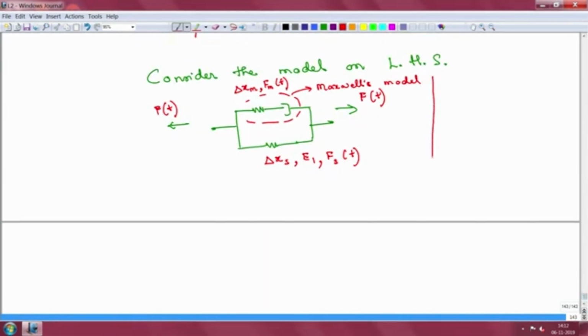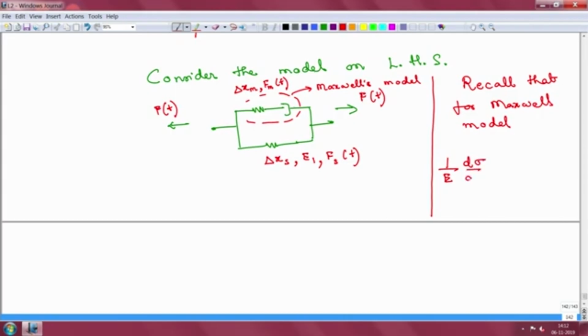Now that we are using the Maxwell model, recall for the Maxwell model we wrote the equation 1 by E d sigma by dt plus sigma by eta equal to d epsilon by dt, right.